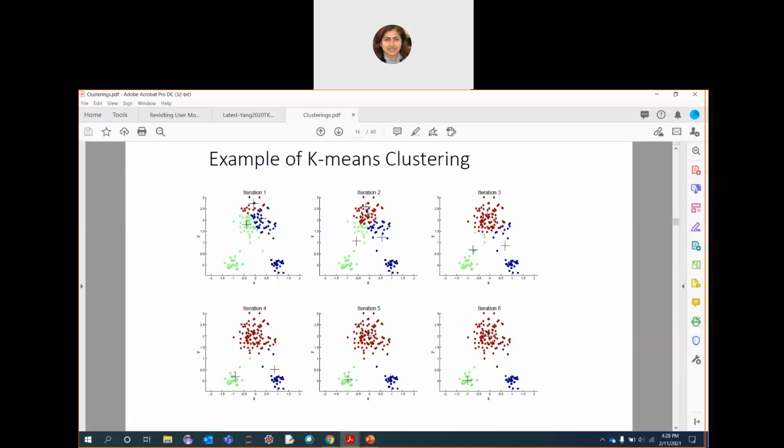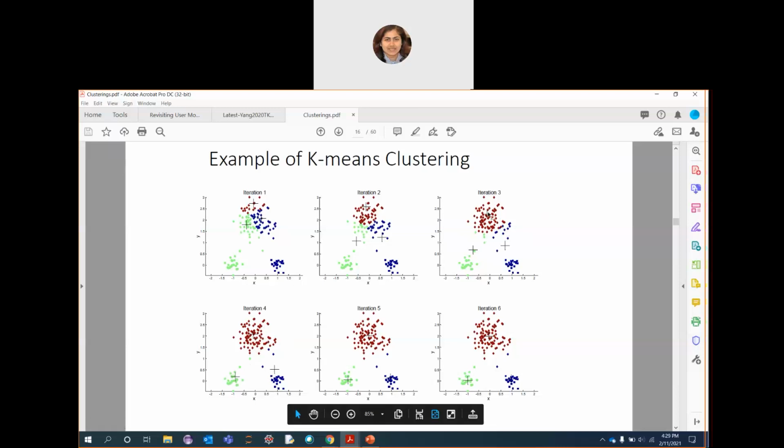When we found the new mean values, they changed to this one, this one, this one. The plus signs are the centroid or the mean. Then in the next iteration, again new means are found from the new cluster formation. So again the mean values are relocated.